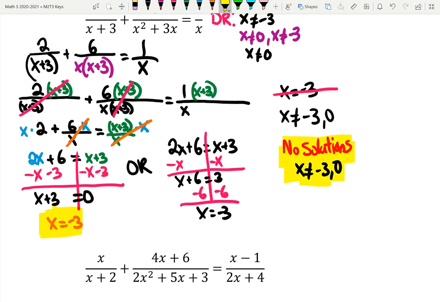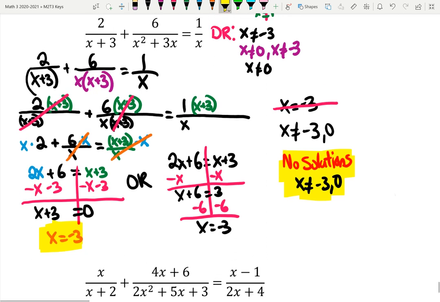You have to check your domain restrictions with the solutions you get. This is the reason we do it in the beginning for this specific instance. I got a solution, but unfortunately, when I plug negative 3 in, it causes the denominator to be 0.